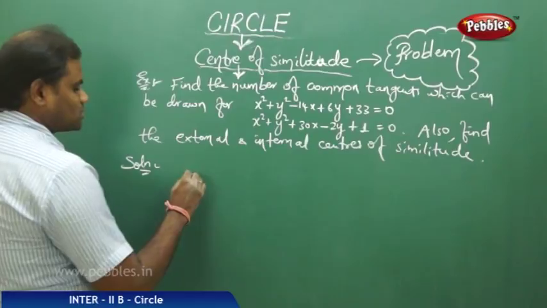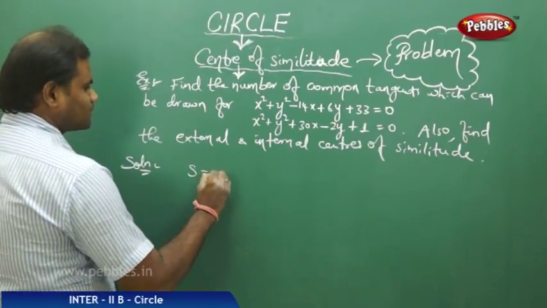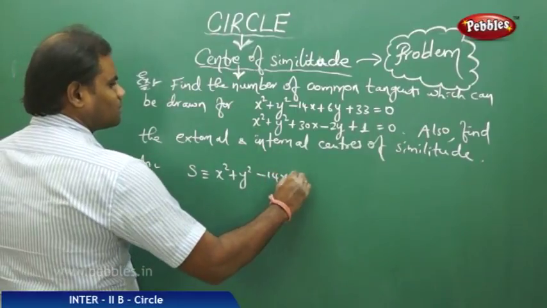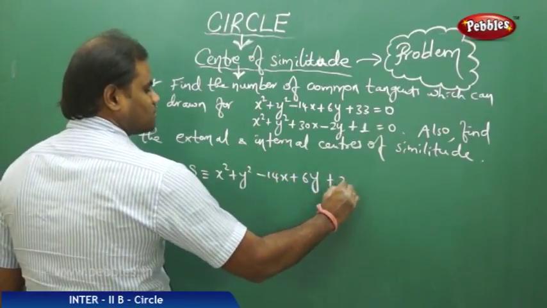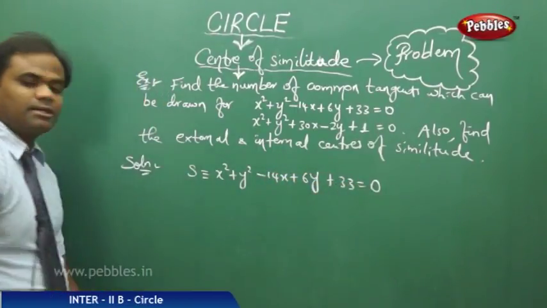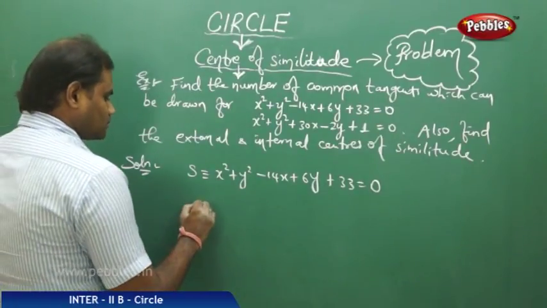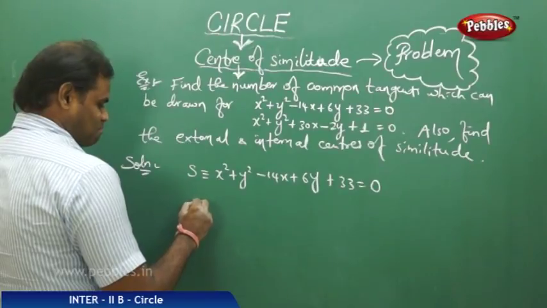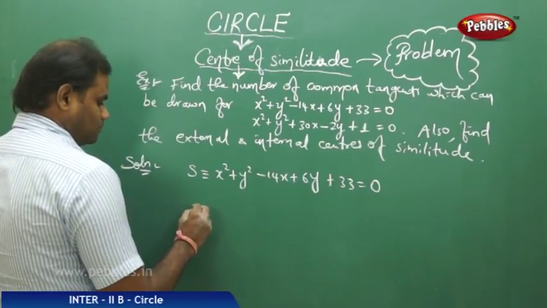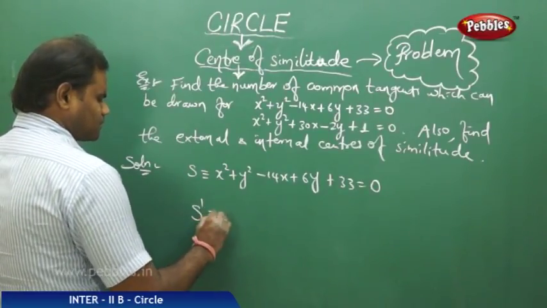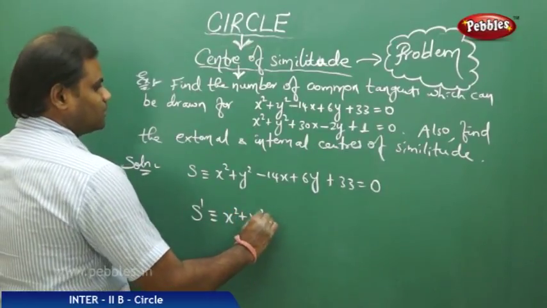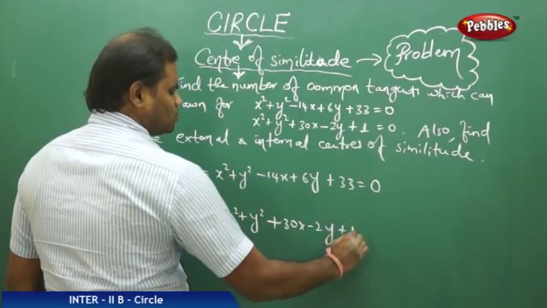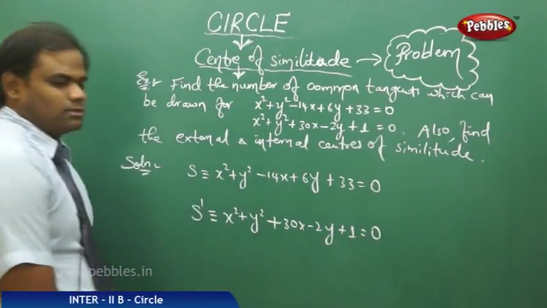Now as I take the two circles, I have the first circle, which is x squared plus y squared minus 14x plus 6y plus 33 equals 0, and my second circle, which is S dash: x squared plus y squared plus 30x minus 2y plus 1 equals 0.